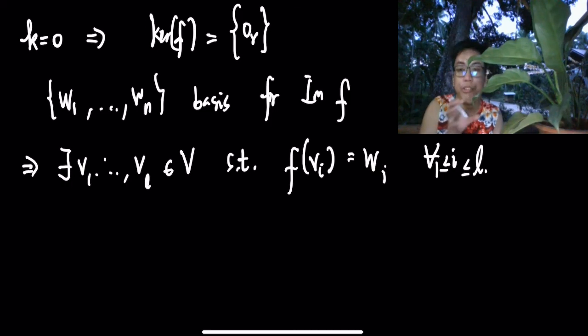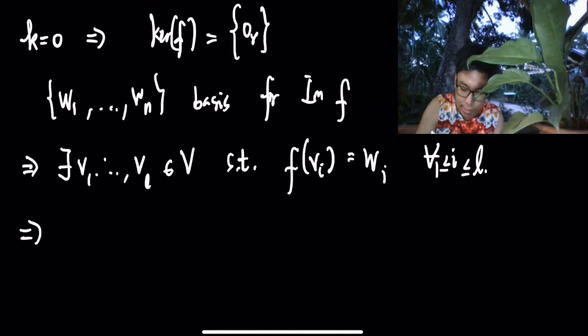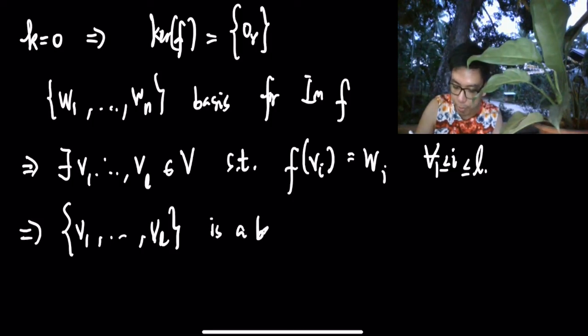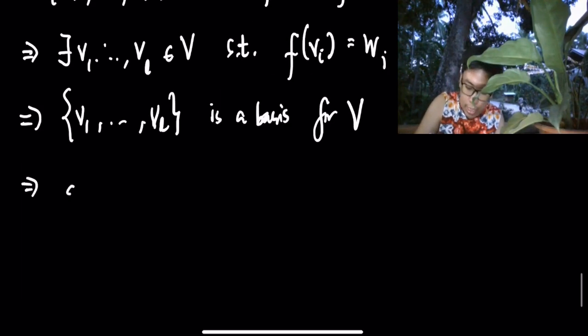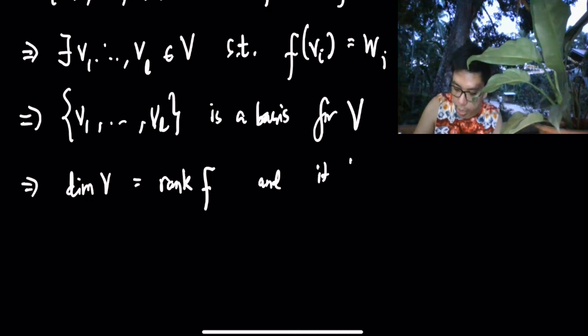Meaning some vectors of V are actually mapped to wi. So this implies that the set containing v1 up until vl is already a basis for V. This implies the dimension of V is actually the rank of F. And so, it holds. Why? Because your kernel here is 0.